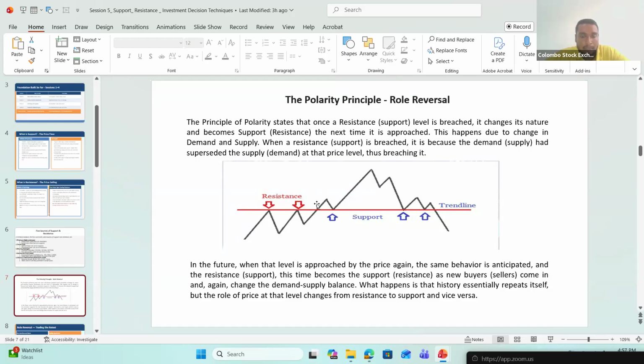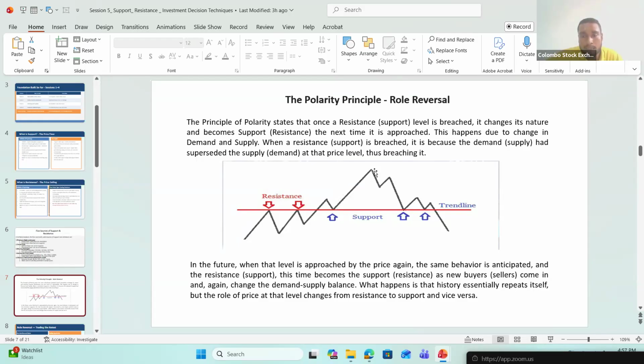And the selling pressure is now minimal, right? And when the price approaches that level again, there can be many buyers entering at this level because the resistance was broken, right? And the price could move like this. So this is what we call a retest, right? These retests are a very good position for traders to enter.